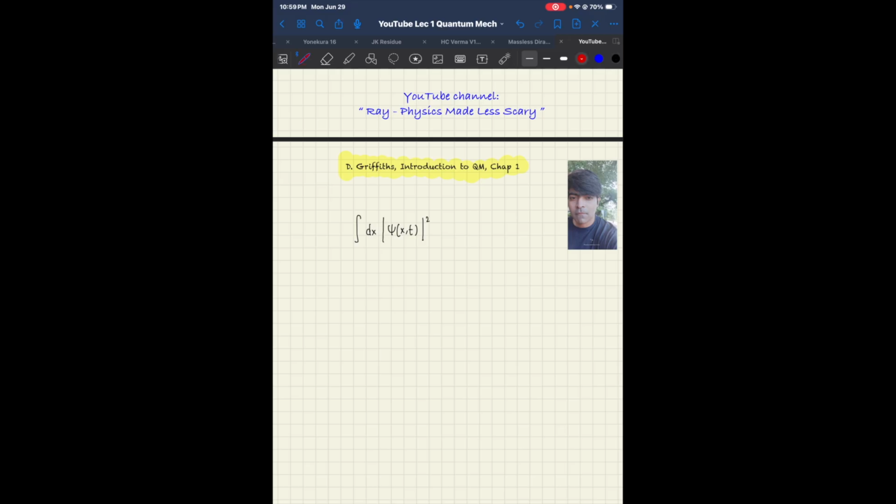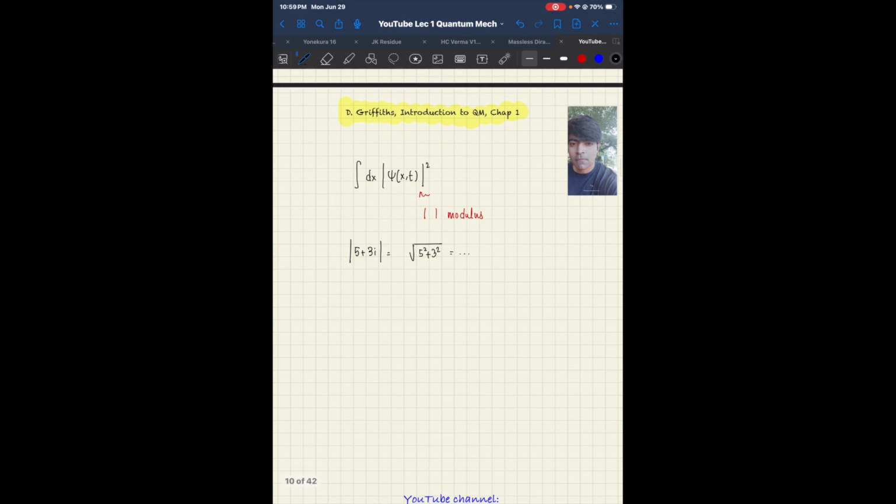You have a modulus here. This is the modulus in quantum mechanics, in complex variables. So this modulus means, for example, mod of 5 plus 3i is the square root of 5 squared plus 3 squared, whatever that number is. I just made it up in my head, so I don't know what this number is.